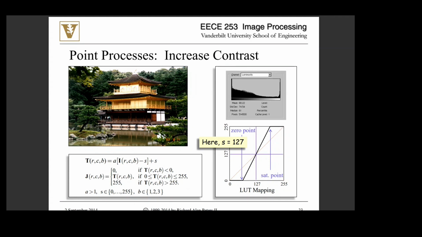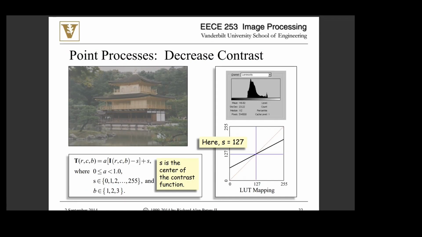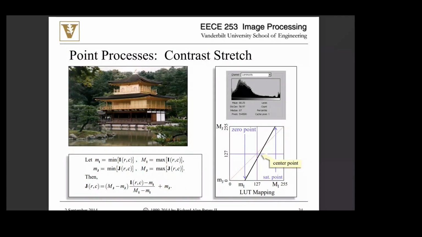You see the histogram at some points has been saturated. Increasing the contrast is putting a slope larger than 1, decreasing the contrast is putting a slope smaller than 1. And you can shift it if you want.